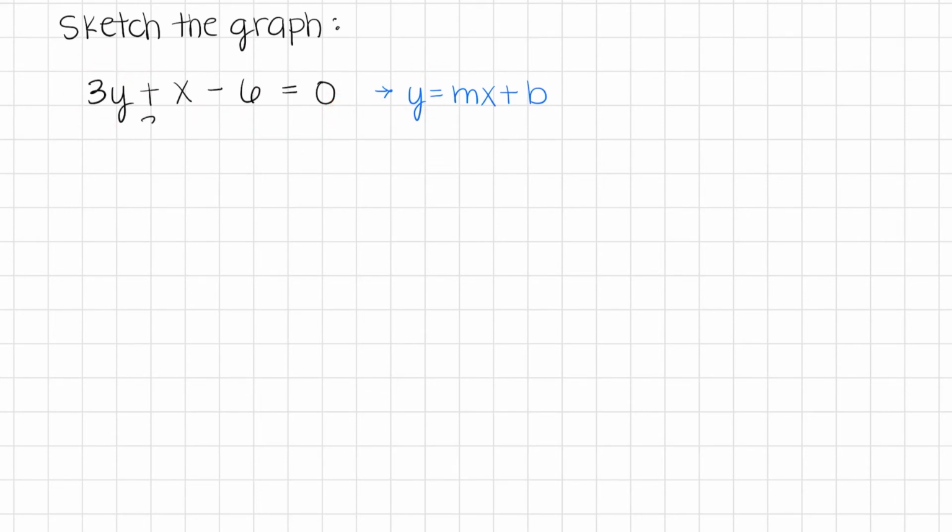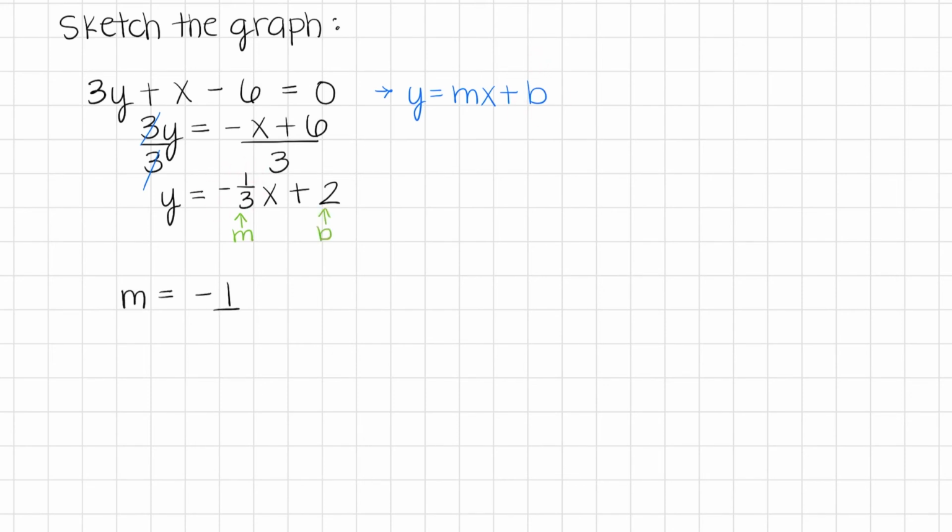So let's write 3y equals, and if we subtract and add over that x and 6, we have negative x plus 6. And let's divide both sides by that 3. So now we're left with y equals negative 1/3 x plus 2. Now that this is in y equals mx plus b form, we can identify our m and our b. In this case, our m is negative 1/3 and our b is 2, so our y-intercept will equal (0, 2).